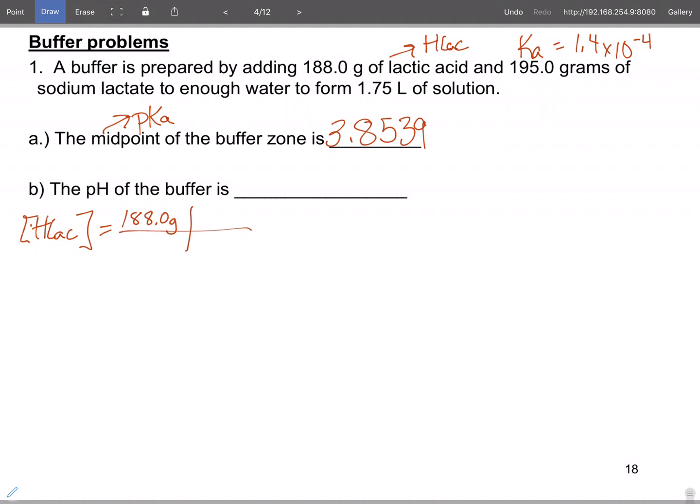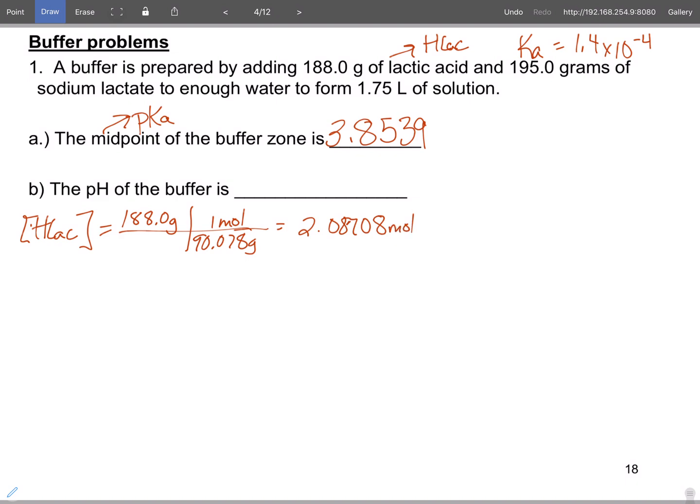The lactic acid is 90.078 grams per 1 mole. So that would give us 2.08708 moles.